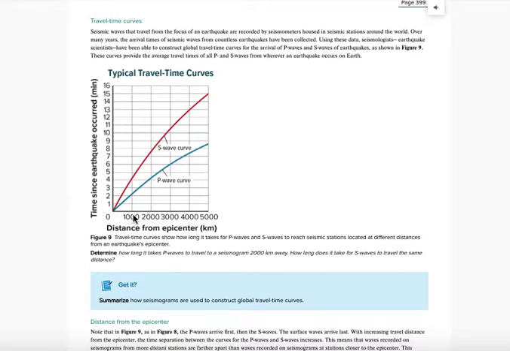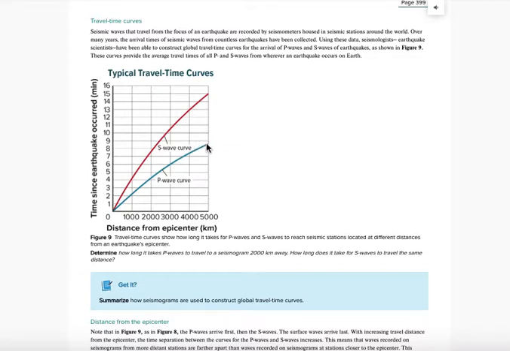So if you're only a thousand kilometers away, maybe it only takes 4 minutes in this. Or if you are for the S wave, for the P wave, it was maybe 2 minutes about. But if you're 5,000 kilometers away, it maybe took you 7.5, or is that 8.5?